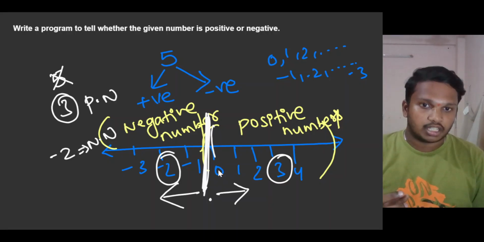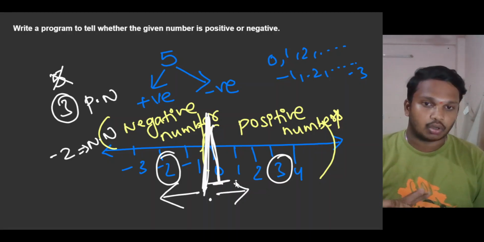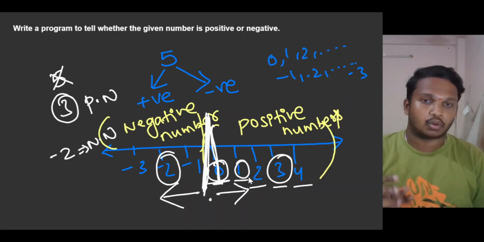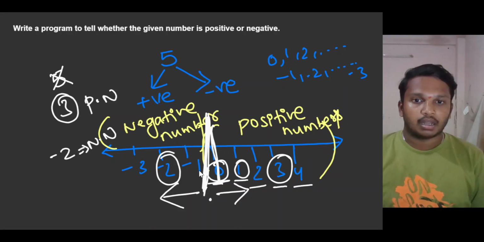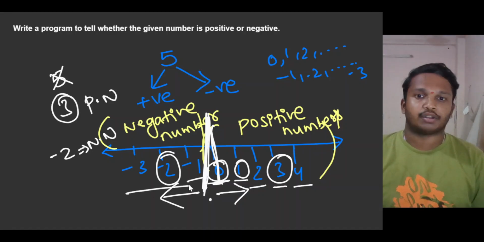Assume that this is the point 0. If a number is 0 or greater than 0, for example 1 is greater than 0, 2 is greater than 0, 3 is greater than 0, every number which is equal to 0 or greater than 0 is a positive number. And a number which is not greater than 0 or equal to 0 is a negative number, right?